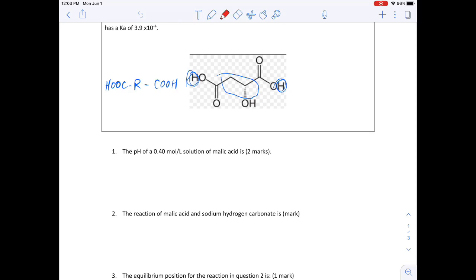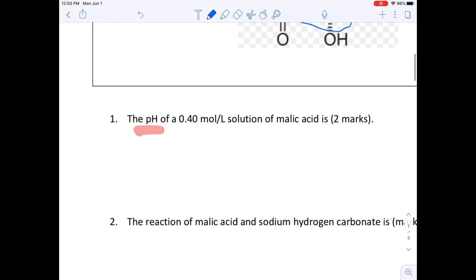When it loses one of the hydrogens, it becomes an extremely weak acid. And so to calculate the pH, we only need to worry about one of the hydrogens reacting. So we're going to check our assumption. We take the concentration of the acid divided by the Ka, and if you do that, it's going to give you a number that's greater than 1,000. It's going to be 1,025.